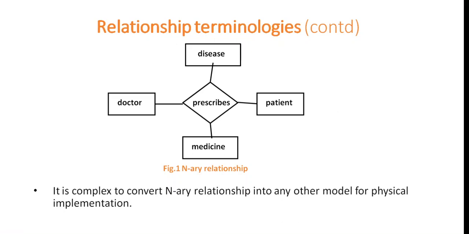So whenever we have such an n-ary relationship, it is very complex to convert it into physical implementation. So these types of relationships are very complex and rare. They are not frequently used to represent relationships.